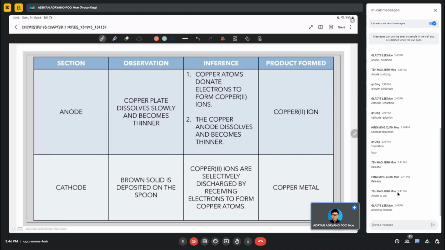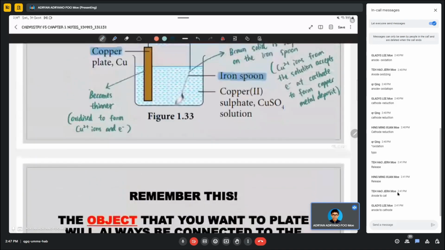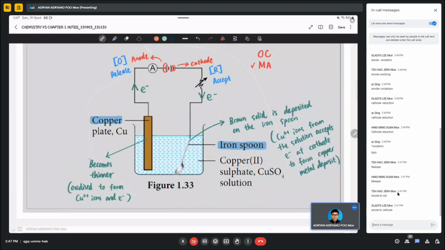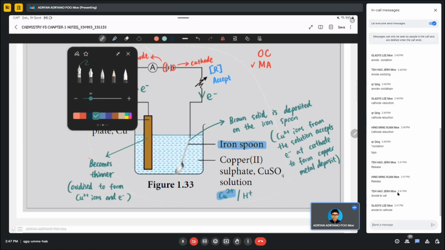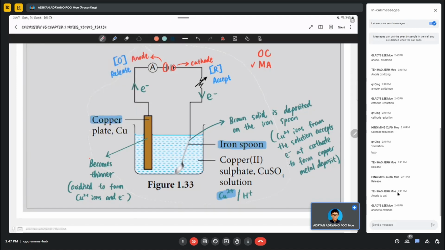The product is copper metal. Here you must mention selectively discharged. Why? Because the solution contains Cu2+ and also H+, so there is competition: discharge Cu2+ or H+? We choose Cu2+ because its E0 value is more positive, so it is preferentially discharged at the cathode.